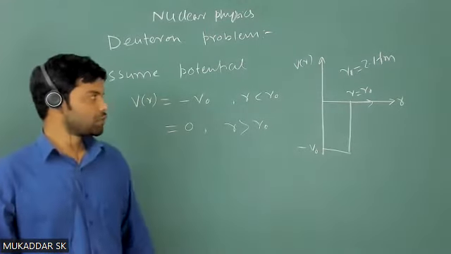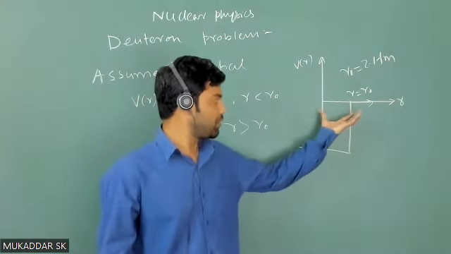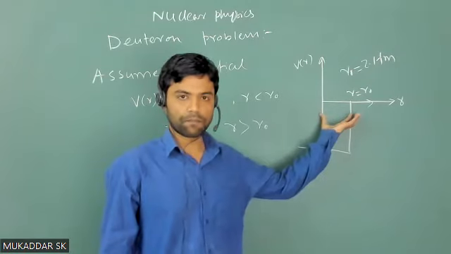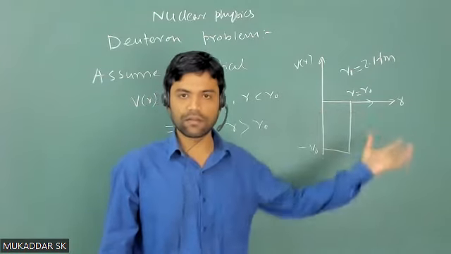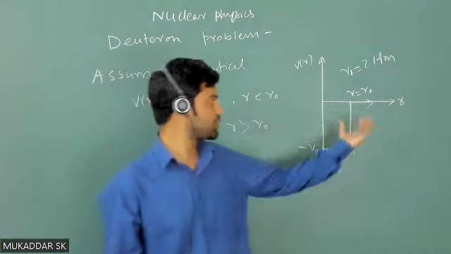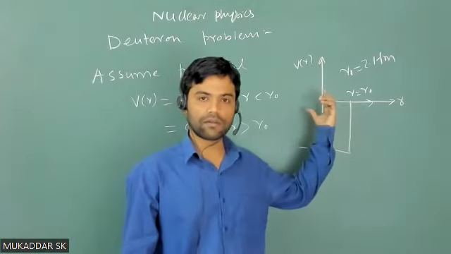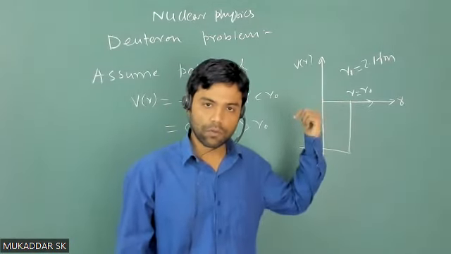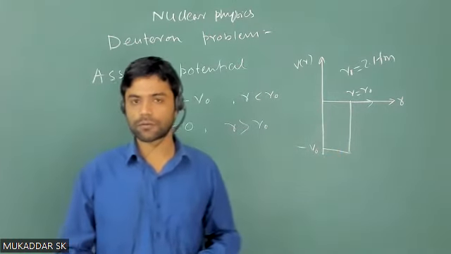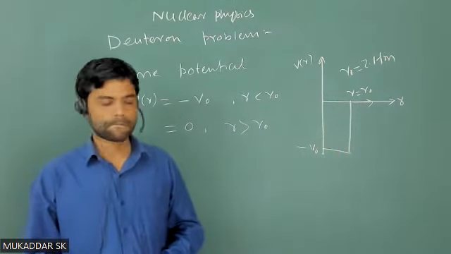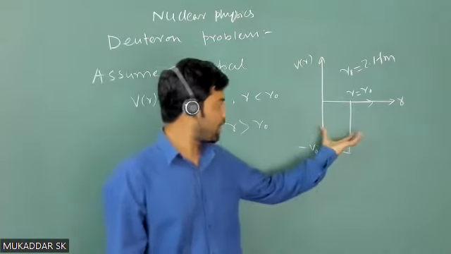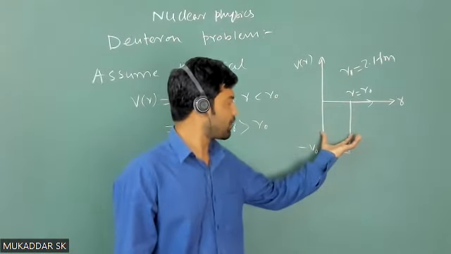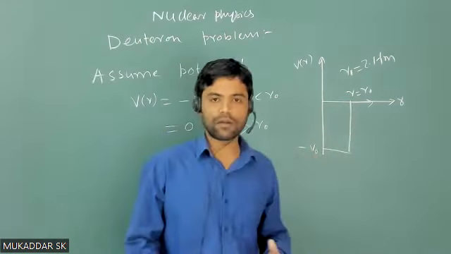Obviously, the nuclear force exists within this range, and beyond this range, nuclear force is zero. So obviously, the potential will also be zero, because potential is related to force. This is the range in which nuclear force exists between neutron and proton inside Deuteron, and this is the assumed centralized potential.